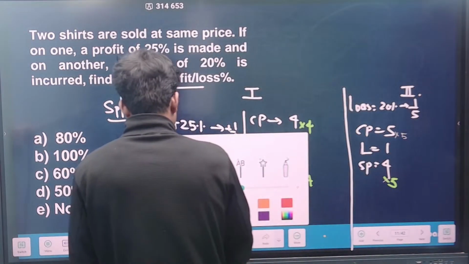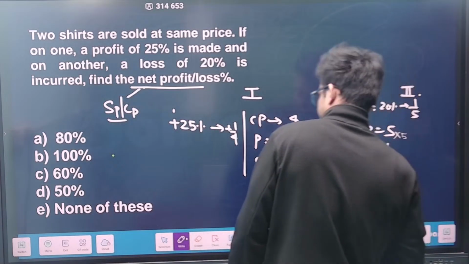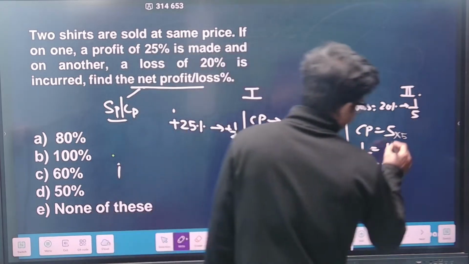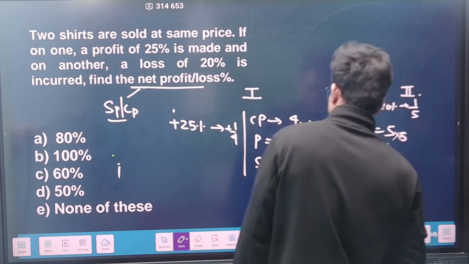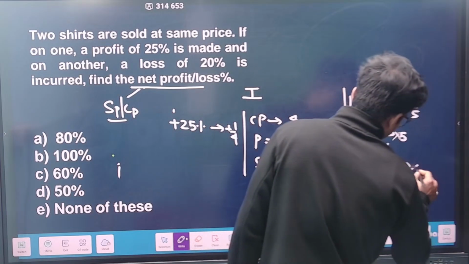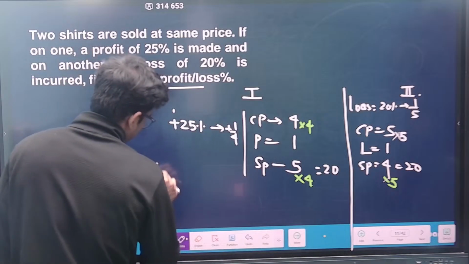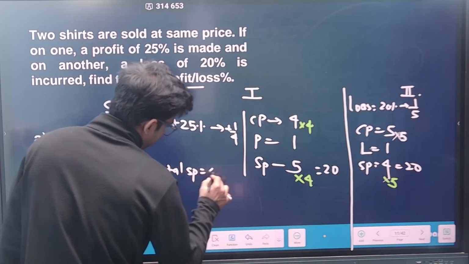Now here you need to understand the logic. Logic is basically this becomes 20 and this becomes 20. So my total selling price, my total SP is basically 40.